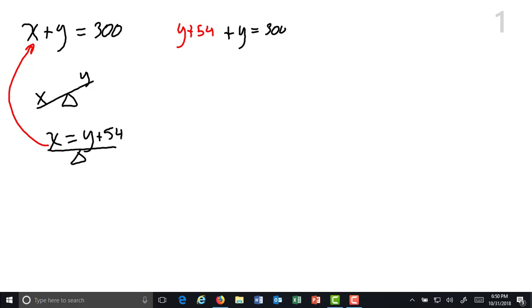So, do you agree that I have 2y here? Does anybody agree to that? So if I subtract 54 from both sides, I know that if I take 50, I'm at 250, right?